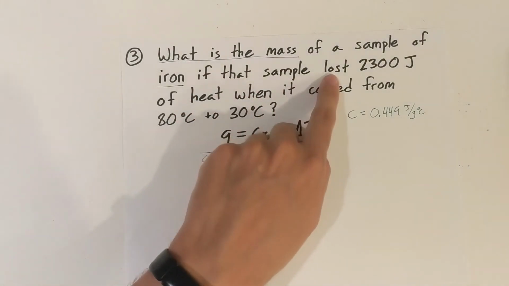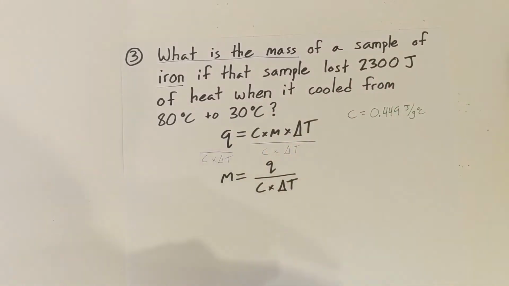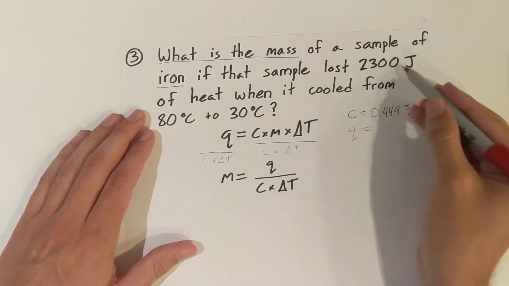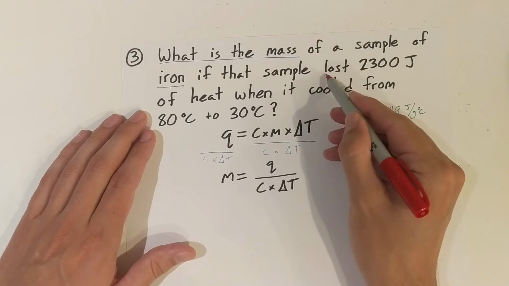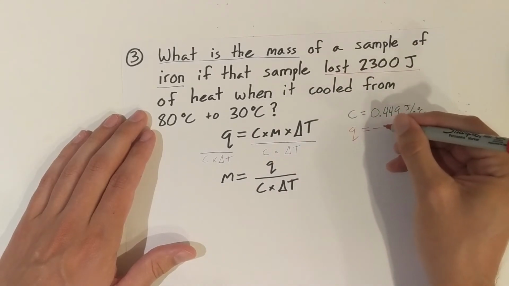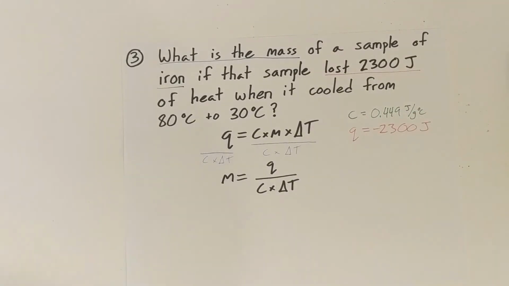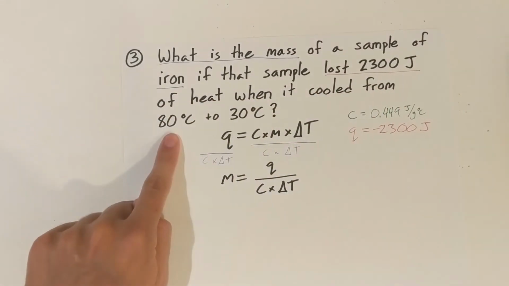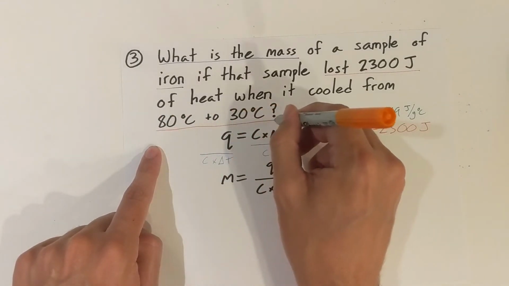If that sample lost 2,300, all right, so right there we know our number. I want you thinking in your head, you think that's positive or negative? And it would be negative because we lost that heat. So negative 2,300 joules of heat when it cooled from 80 degrees Celsius to 30 degrees Celsius.